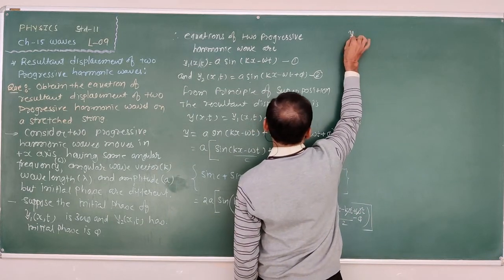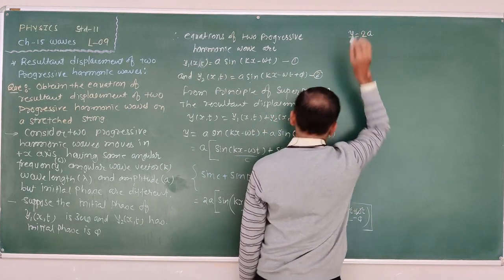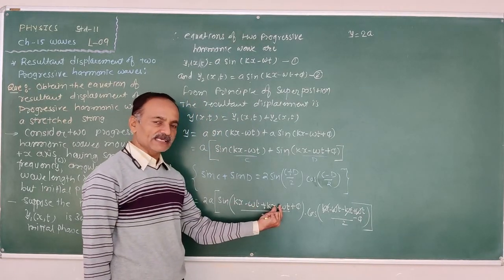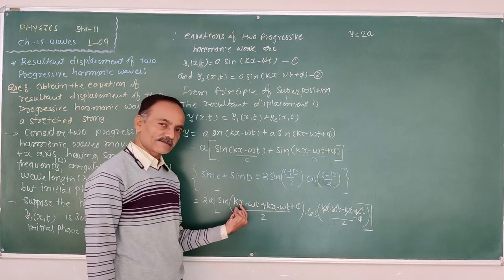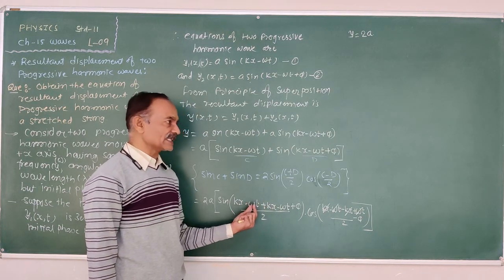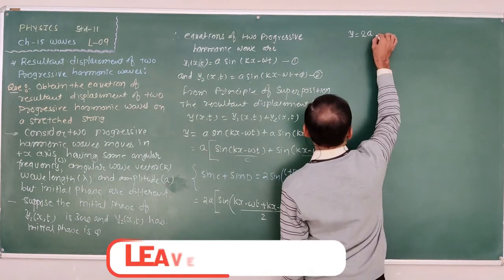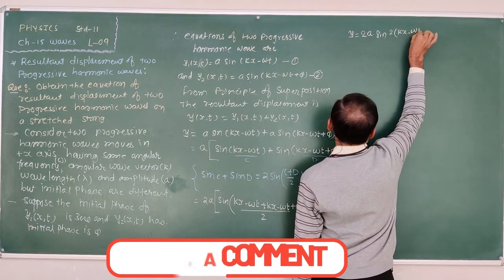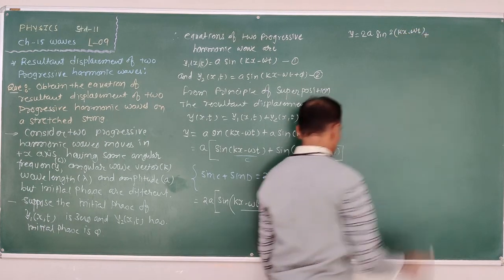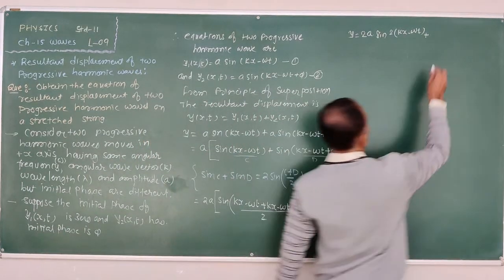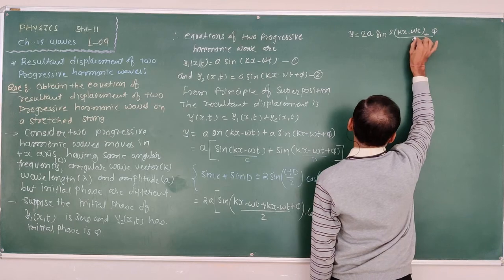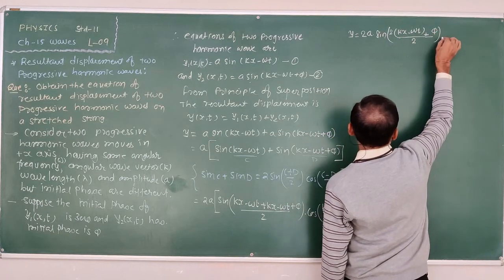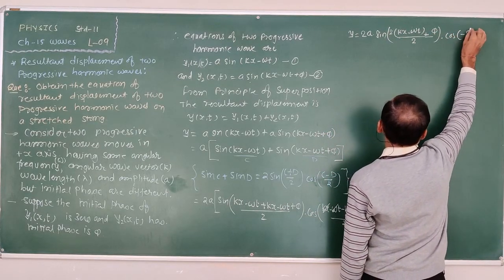Therefore, y = 2a sin(2kx - 2 omega t + phi)/2, where 2 is common, so sin(kx - omega t + phi/2), into cos(-phi/2).